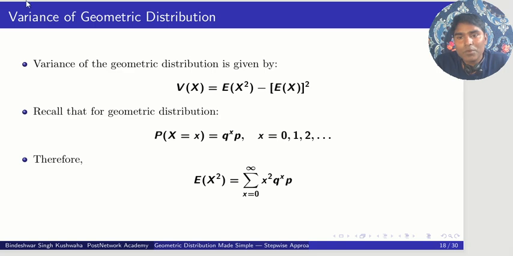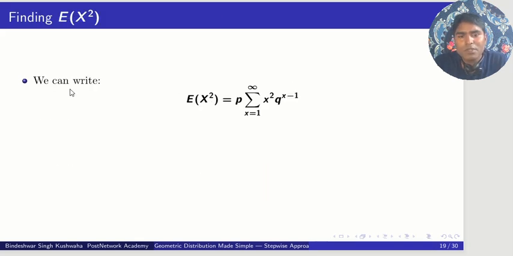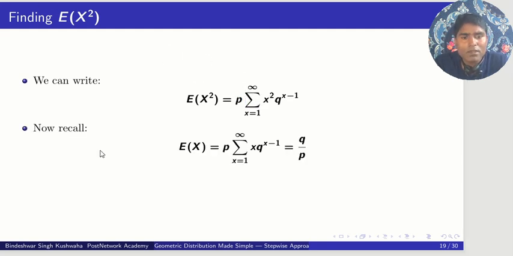Thereafter, if you want to calculate the expected value of random variable x square, you have to multiply x square with the probability mass function, and we will calculate. We can take p out from the summation, and thereafter, as I have already explained, we know the expected value of x is p upon q upon p.